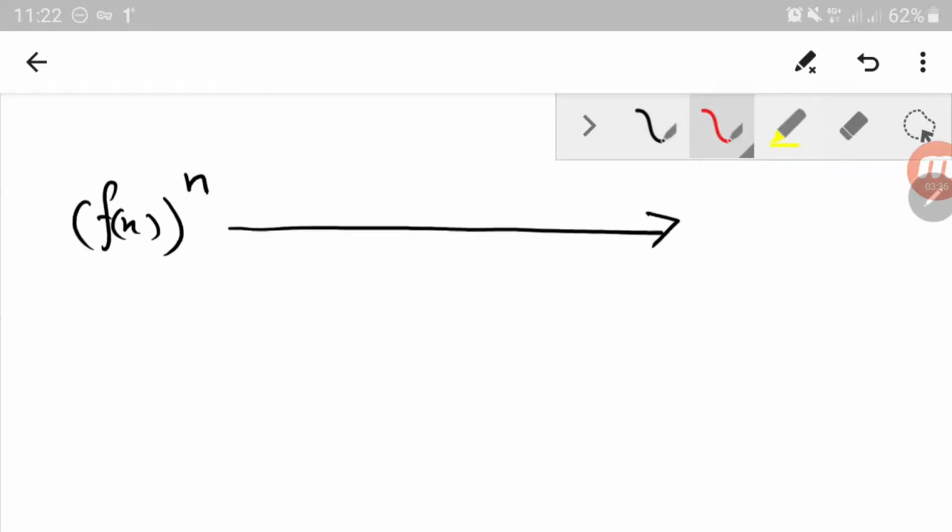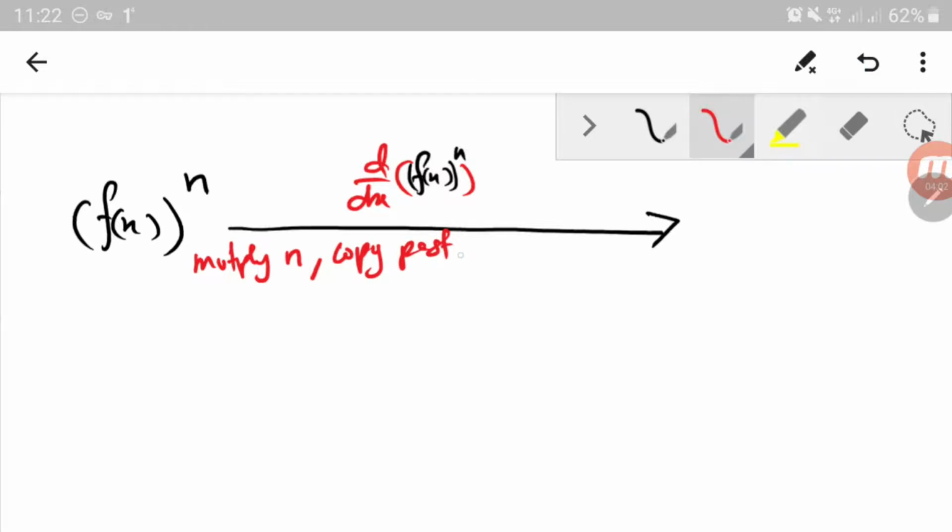When we differentiate the whole thing, f(x) to the power n, with respect to x, what we do is multiply with the power n, copy and paste the function with the power n minus 1, and then multiply by the differentiation of the function.